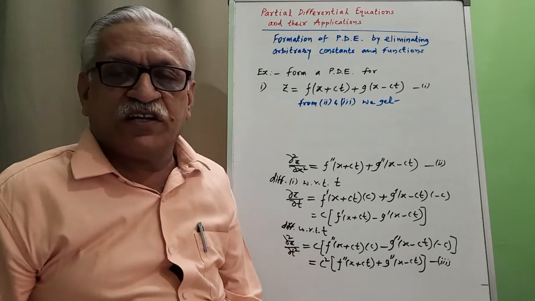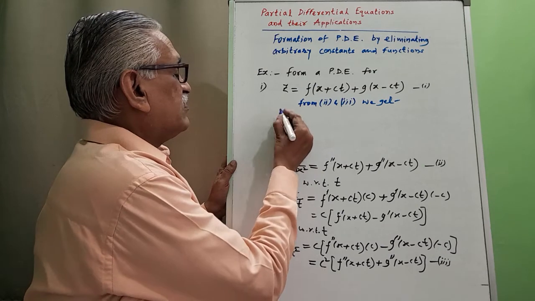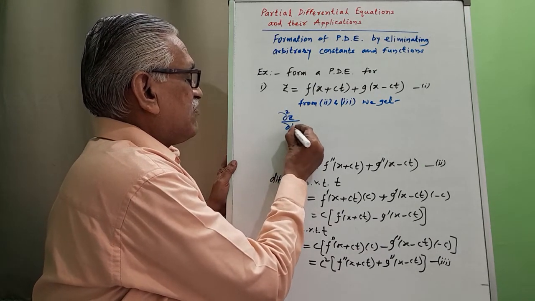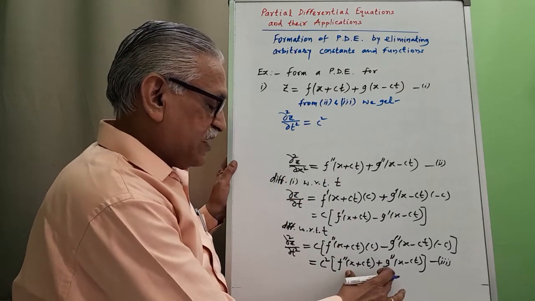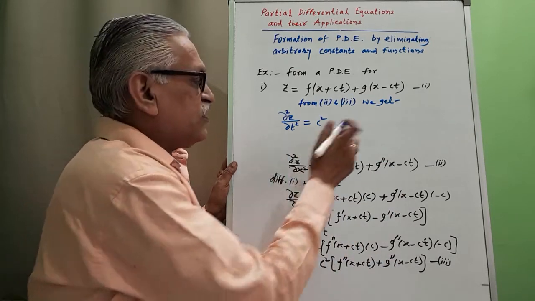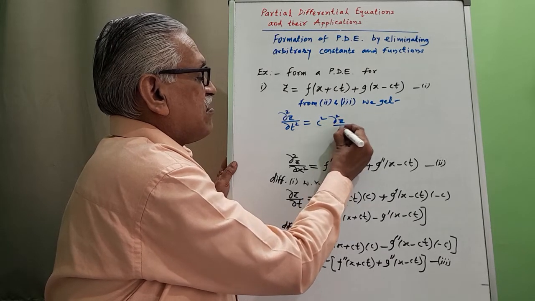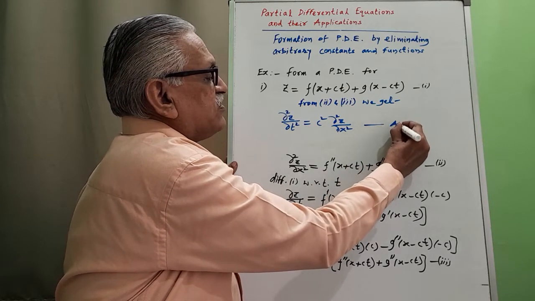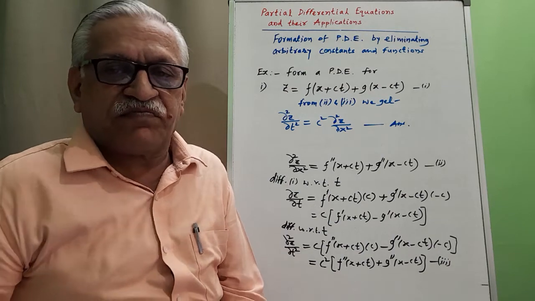Therefore, we get dou 2z by dou t square is equal to c square times dou 2z by dou x square, as the required partial differential equation.